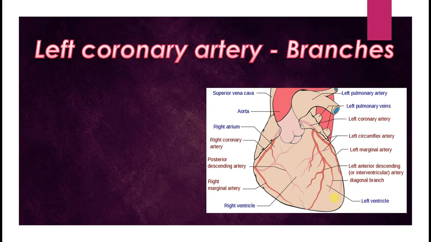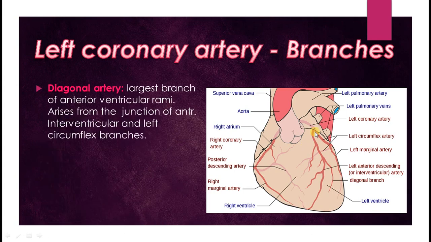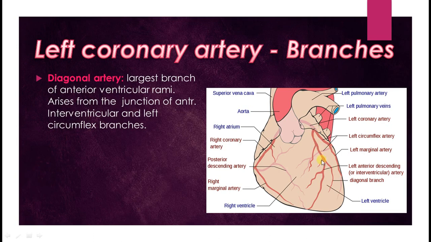Now, we are discussing the anterior interventricular artery, considered the continuation of the left coronary artery. One of the branches is large and is called the diagonal artery, one of the anterior ventricular rami.